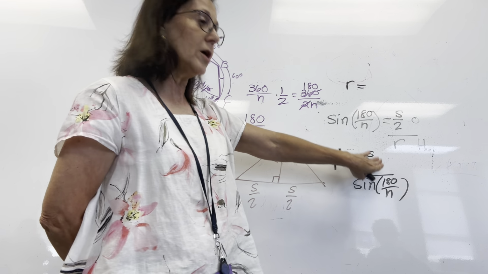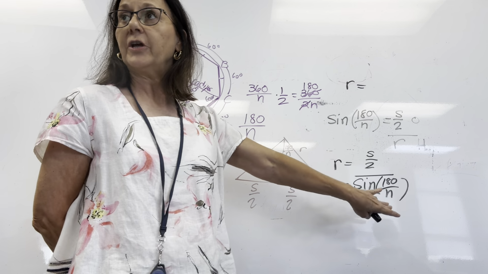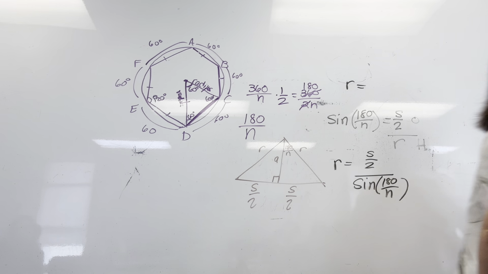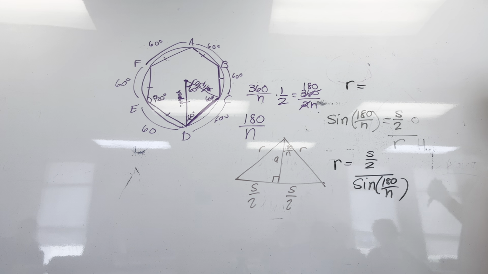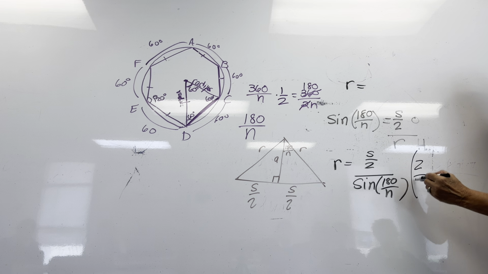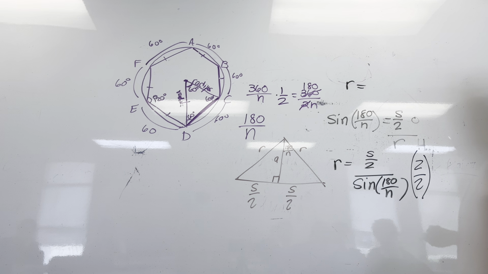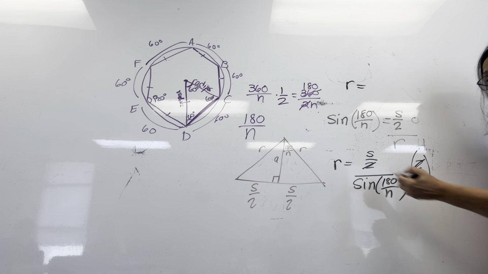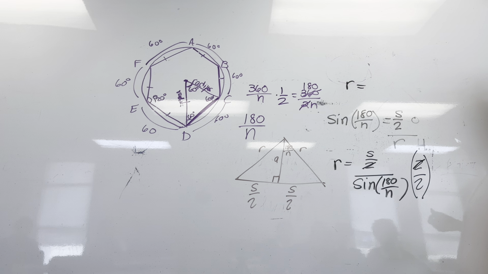If I just want to affect this one fraction, I can only multiply by the value that equals 1. So can I multiply by 2 over 2? Yes, because what's 2 over 2 equal to? 1. And that eliminates the 2 there. You with me, Aaron?